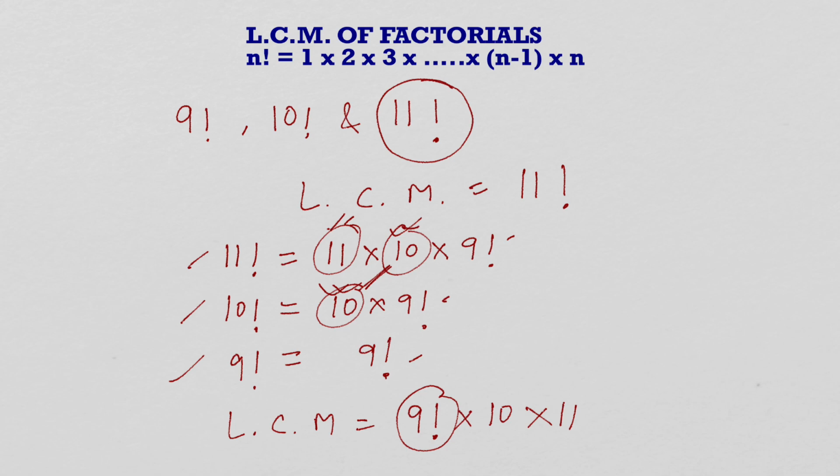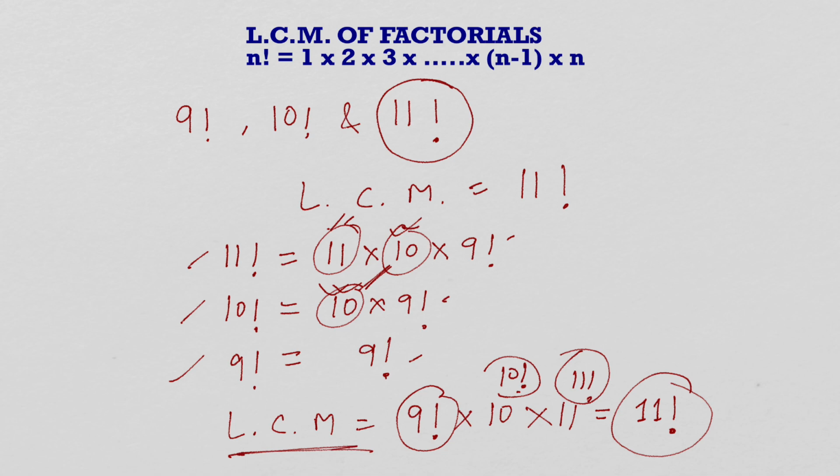So it is 9 factorial into 10 into 11. You see that 9 factorial multiplied by 10 becomes 10 factorial, and if this 10 factorial is multiplied by 11, it becomes 11 factorial. So finally the product is 11 factorial, and that is our LCM.